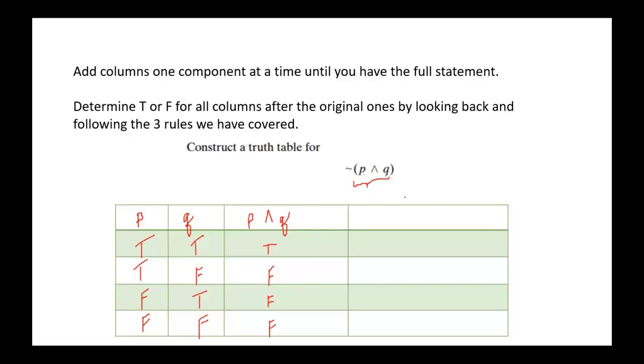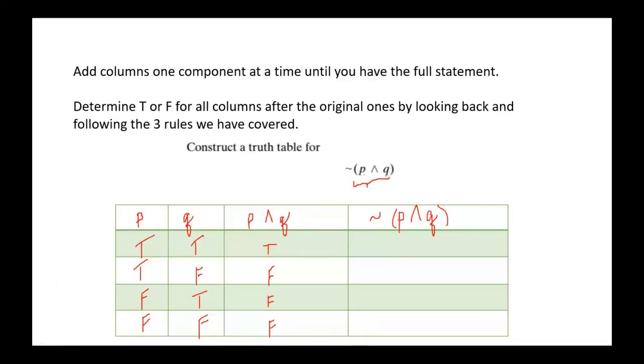My last column then, I need to add another column to take care of this last component that has the not. So I have a not that I'm going to put in front of P and Q. A not, and we said this earlier, has the opposite truth value of the original statement.